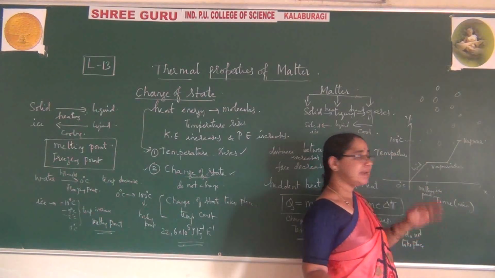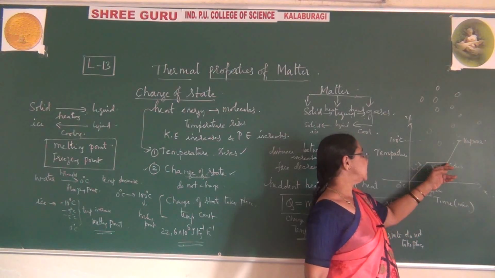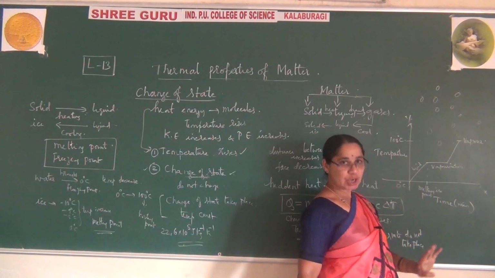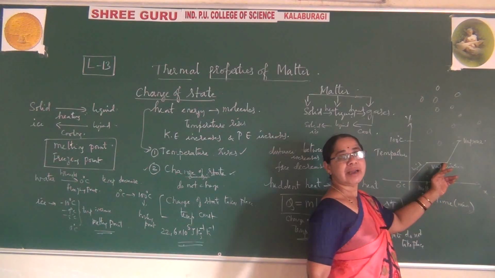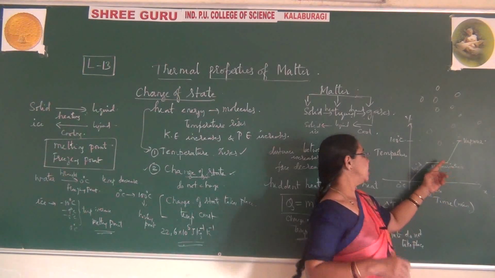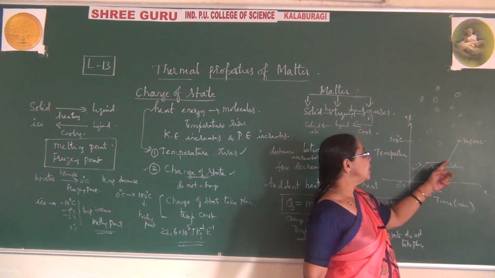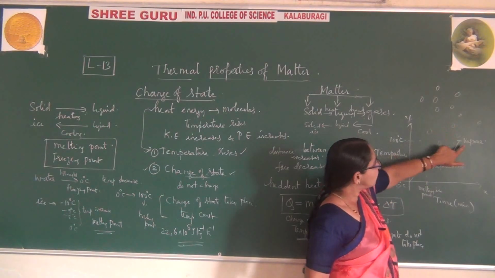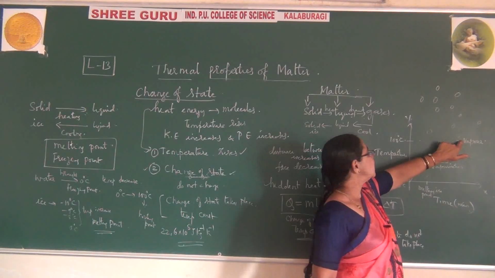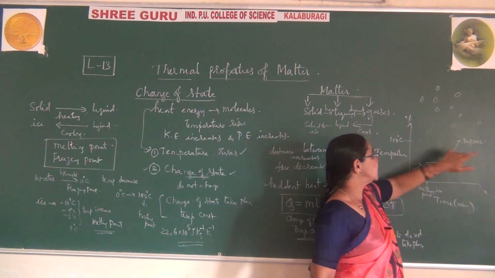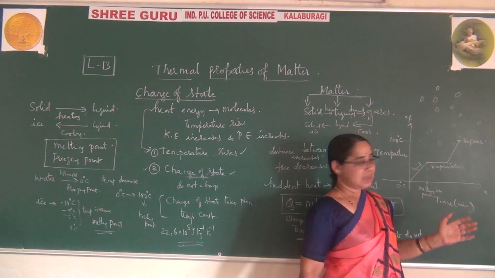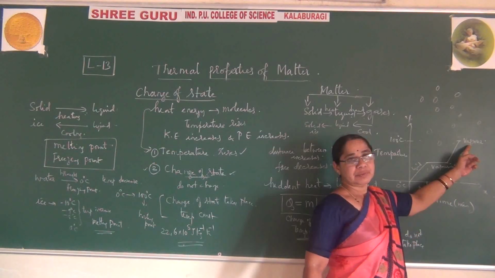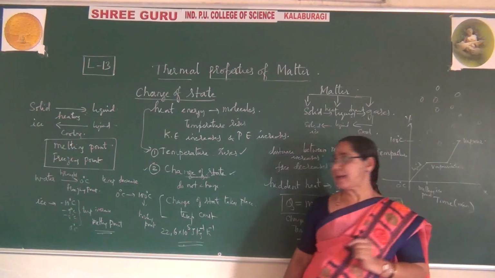Again, if you supply heat, the state changes and at that time the temperature remains constant. You can observe this is the constant line. Once it changes to liquid, if you raise the temperature again, it comes to the vapor state. The change of state takes place from liquid to vapor. This is the process you observe from the graph.